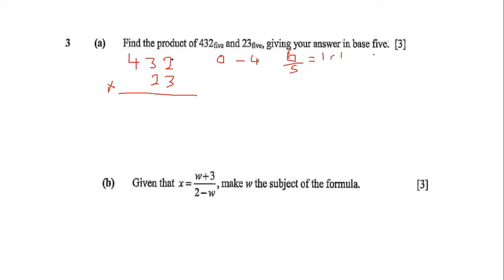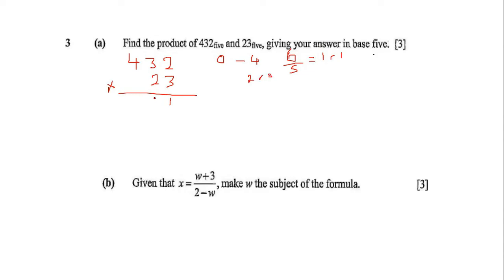So here 3 times 2 will be 6, and dividing by 5 gives us a remainder of 1. Then we carry the 1. 3 times 3 becomes 9. Then 9 plus 1 gives us 10. So 10 divided by 5 is just 2, remainder 0.